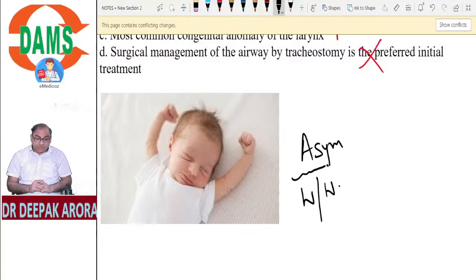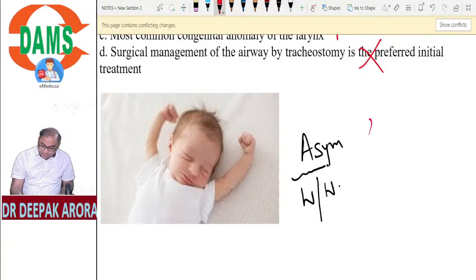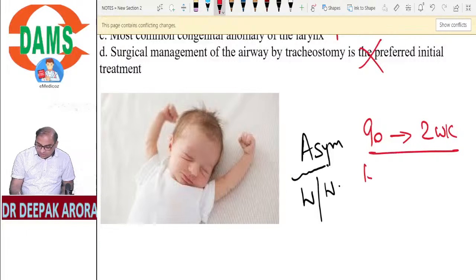Laryngomalacia, most of the cases are asymptomatic. Because they are asymptomatic, wait and watch is the treatment. I hope you are getting this point. Very good, everyone. Dr. Divya, excellent. 90% of the cases improve by 2 weeks, and all the cases improve by 2 years.